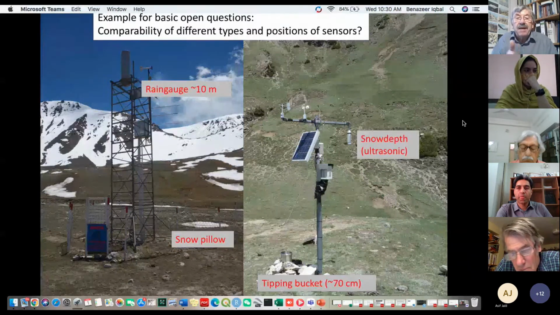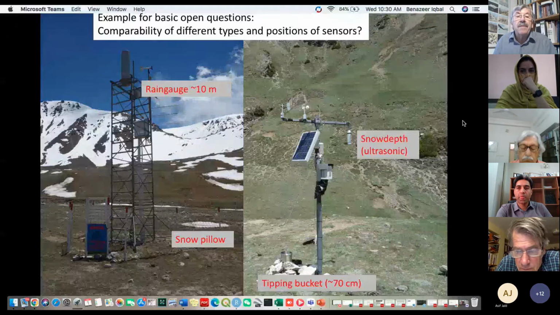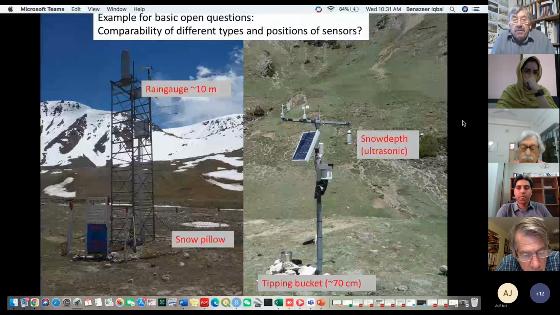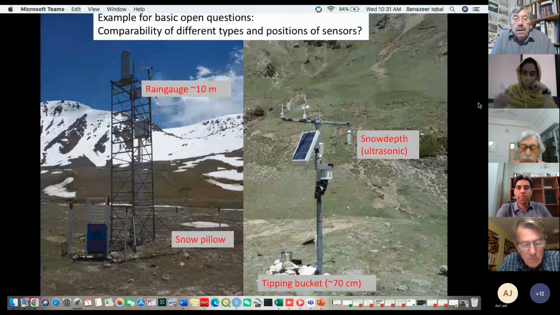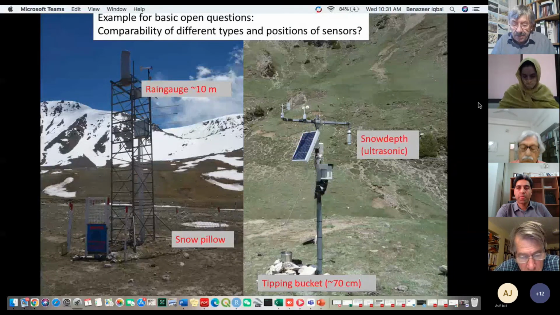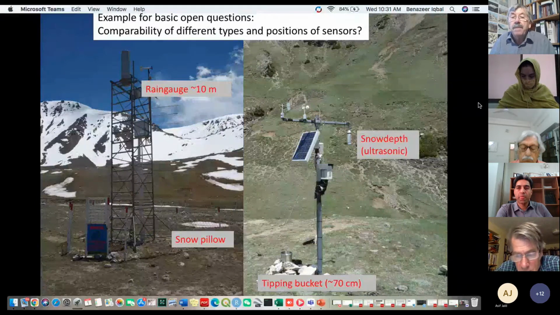You see on the left side the example of a Wapta station on Kunjarab. The rain gauge is at 10 meters altitude. The snow is measured by a snow pillow, that means it measures the weight of the snow cover. On the right side, you see a station which has been installed by our team.